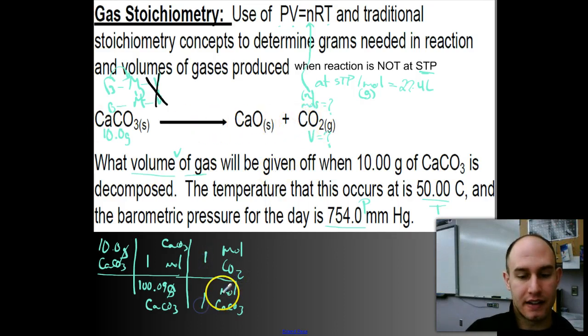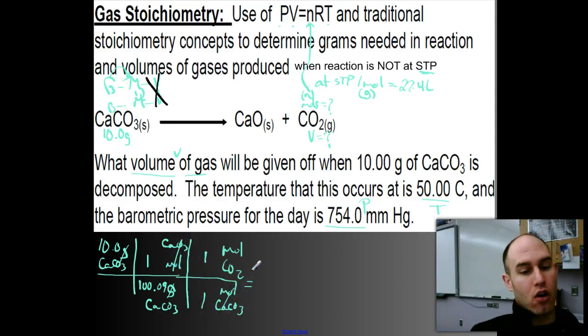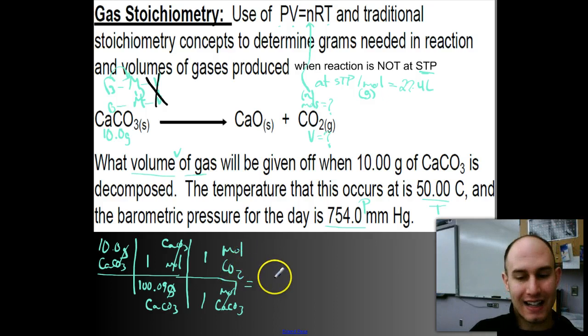That's a nice, easy, convenient mole ratio. And now I simply take my 10 divided by the 100.09, and we end up with 0.099 moles of CO2. So this is your N value.